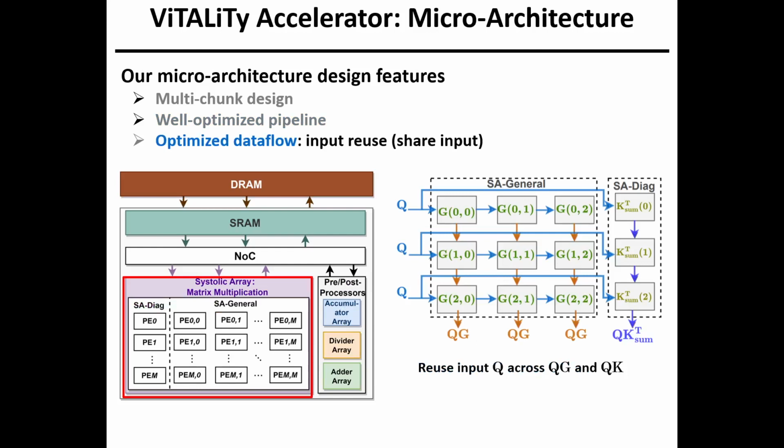Last but not least, our accelerator adopts an optimized dataflow that takes advantage of input data reuse. For example, our systolic array can share the input matrix Q when computing the matrix multiplication between Q and the two other matrices simultaneously.